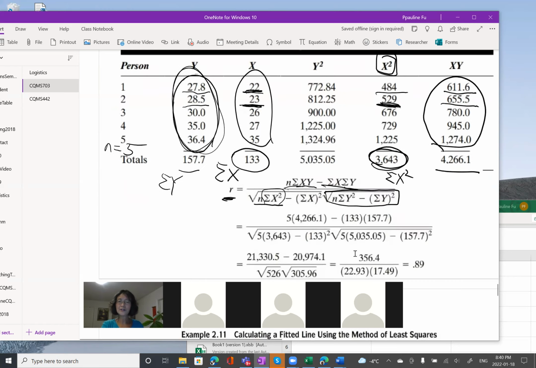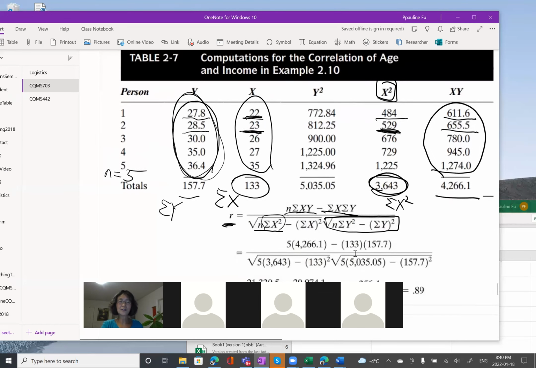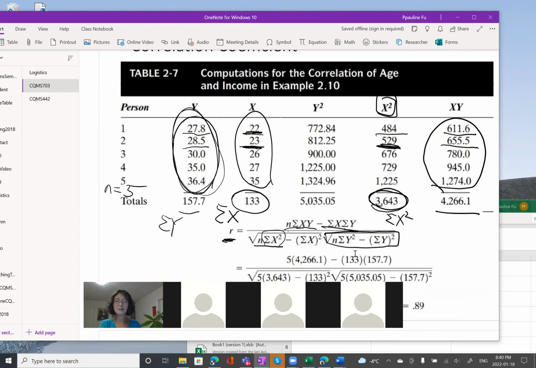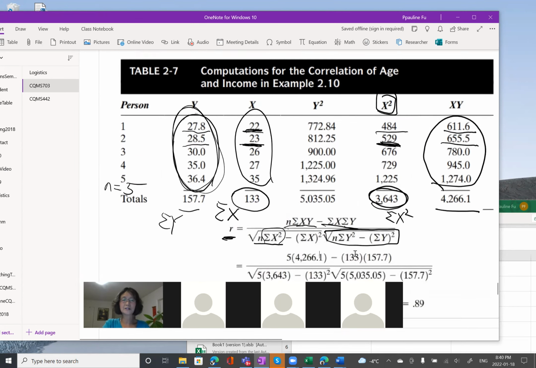And the number is 0.89, which means there is a strong relationship between x and y, because the maximum number is 1 for the linear correlation coefficient. Okay, so that is the formula method to calculate the linear correlation coefficient.